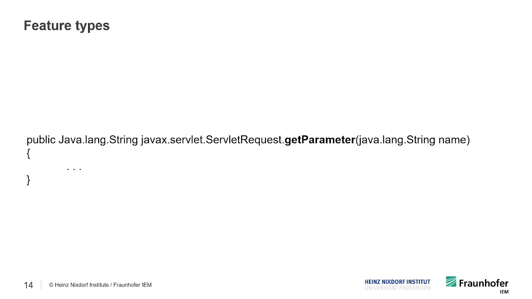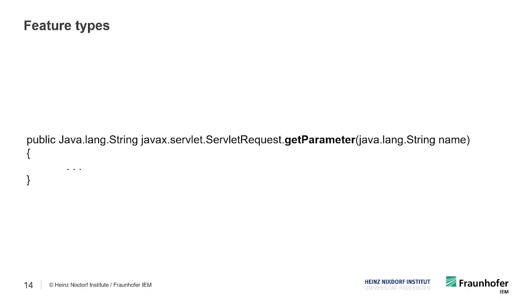First, let's see what are the types of features that we have in SWAN. SWAN uses the source code information only. As I said, we are using Soot to load the test data. It is also used to train the classifier, so to load the training data and to calculate the features for the training data as well.